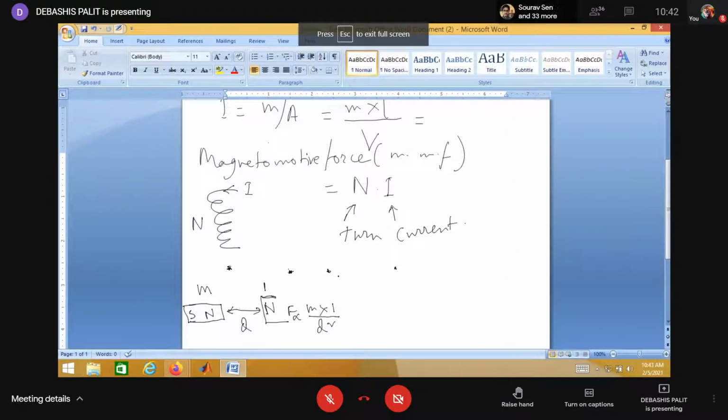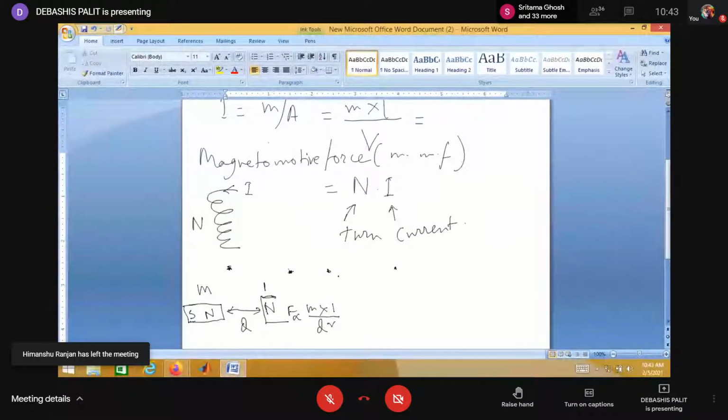So if you want to carry one unit north pole from one point to another point, you have to do some work against the magnetic force of repulsion. That work is nothing but the force into the effective distance you carry it.